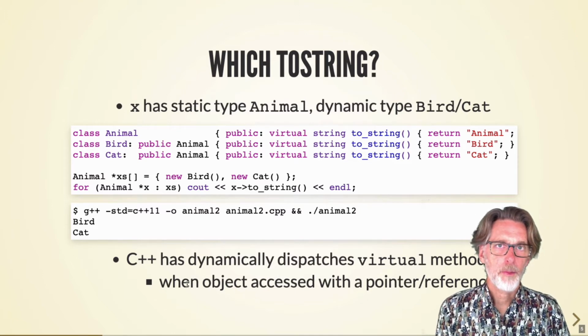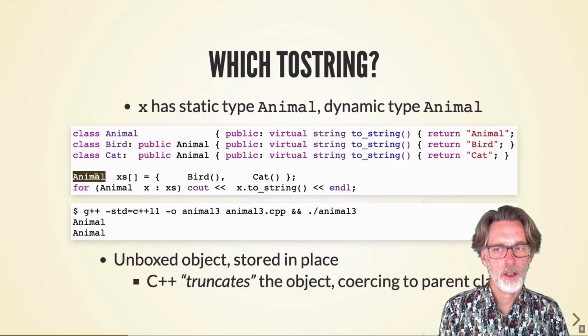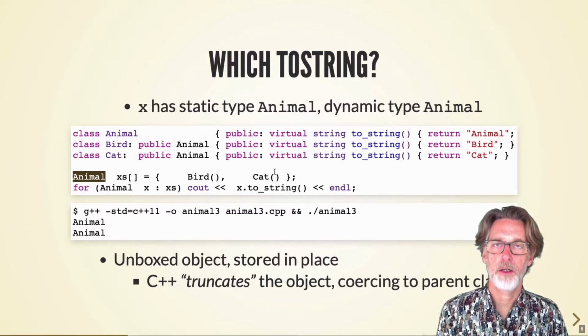When people talk about C++, they often leave out this second requirement. If we access an unboxed object in C++, we always access it at the type of the variable that's being assigned. Here I have an array of birds and cats, not references, but an array of actual birds and cats.